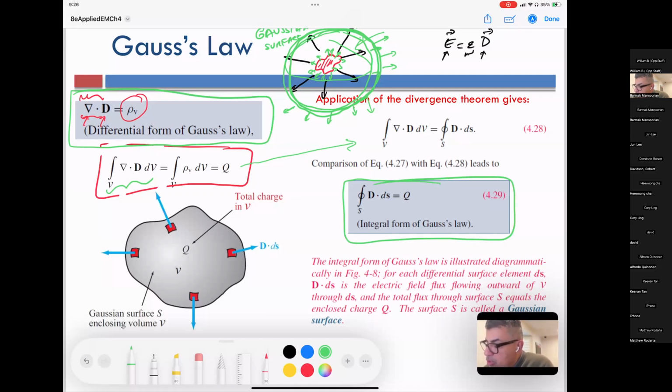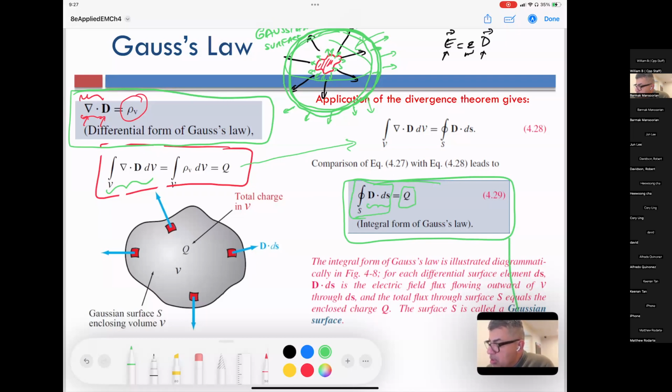The integral form really shows what I was just saying: you're taking the electric flux lines and integrating them along a closed surface, and that operation gives you the total charge enclosed by that surface.